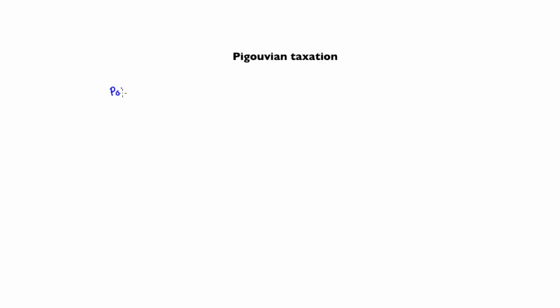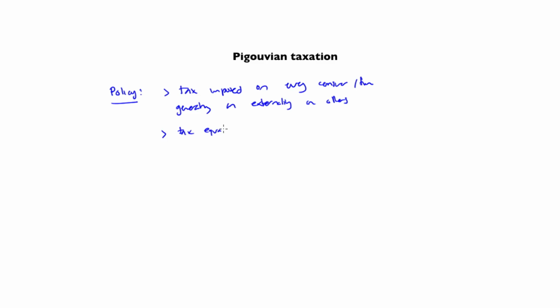The policy looks as follows. A tax is imposed on every consumer or firm generating an externality on others. The tax is equal to the total marginal damage, or total marginal externality, at the optimum.